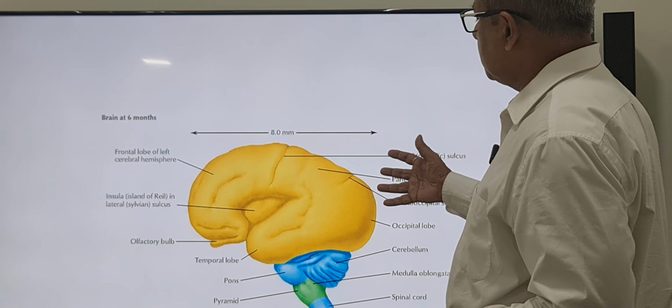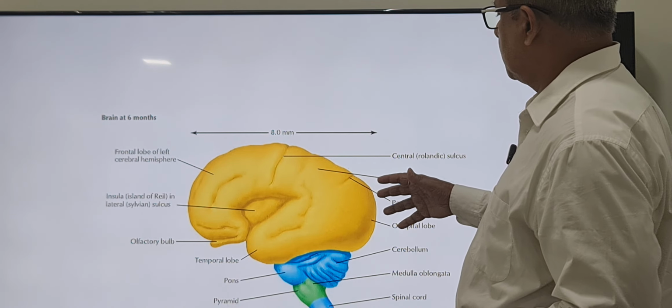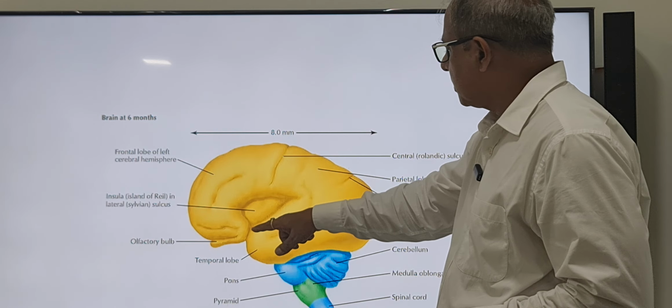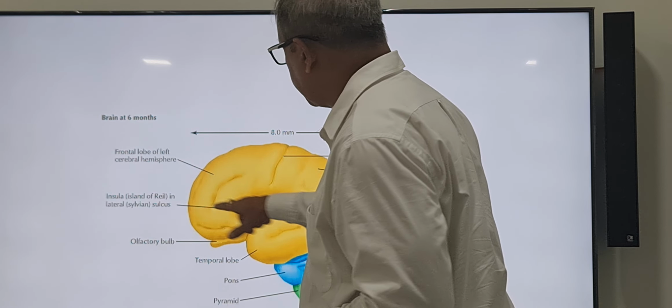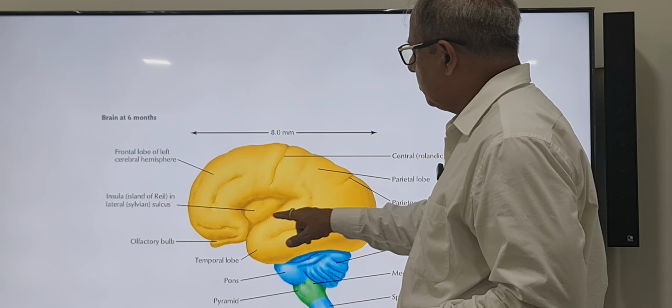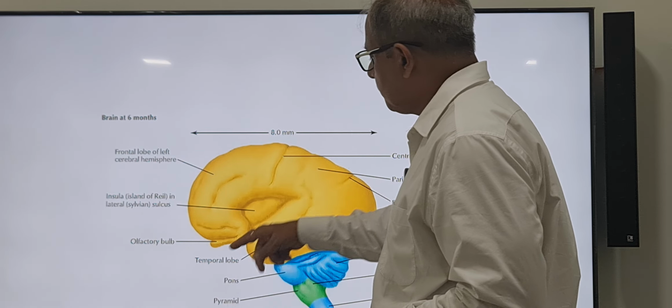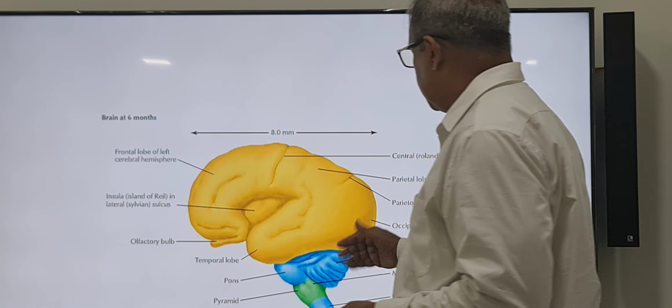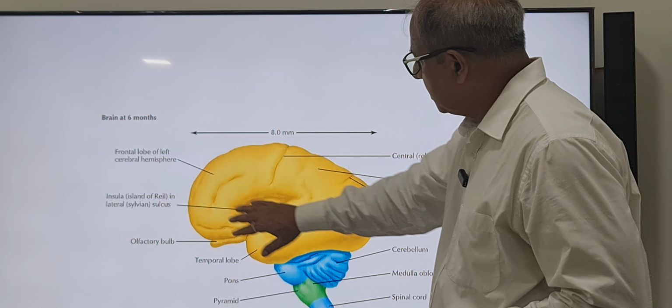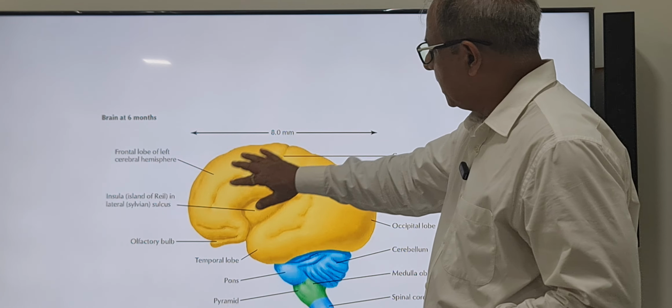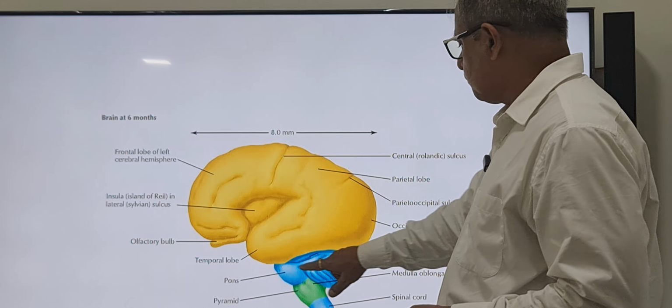Now the brain at 6 months, how it looks from outside. This is a very important sulcus, which is the sylvian sulcus or lateral sulcus. In between you can see an island, below is the insula, the olfactory bulb, and the formation of the telencephalic brain, the cerebral hemisphere.